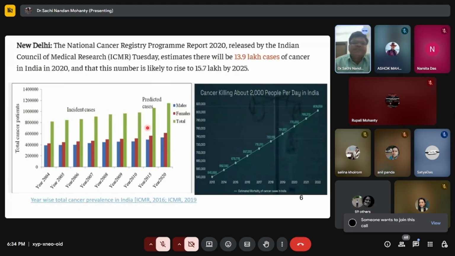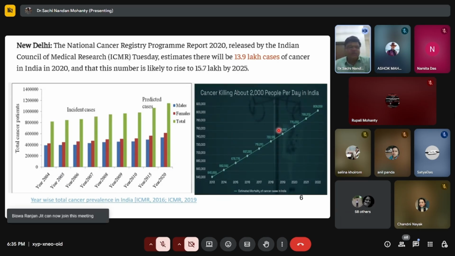In the National Cancer Registry Program Report 2020, ICMR again identified 13.9 lakh cancer cases in India in 2020, and the number is expected to rise to 15.7. See how exponentially cancer deaths per day will grow. Here you can see the different types of cancer patients, including all cancers, with the year on the x-axis.